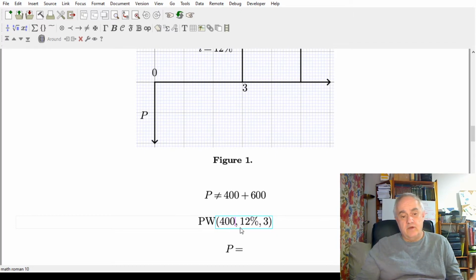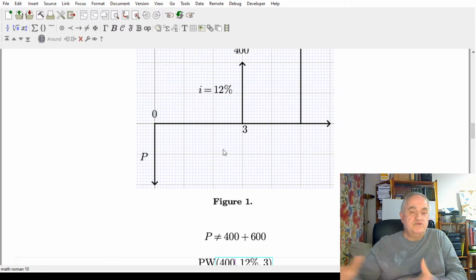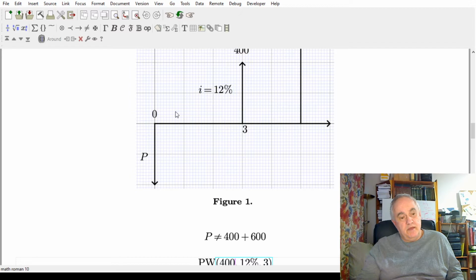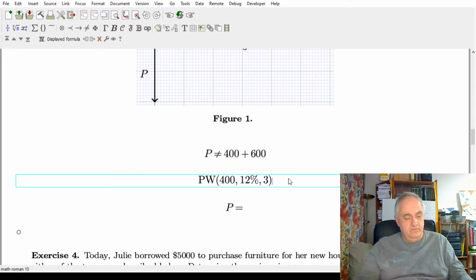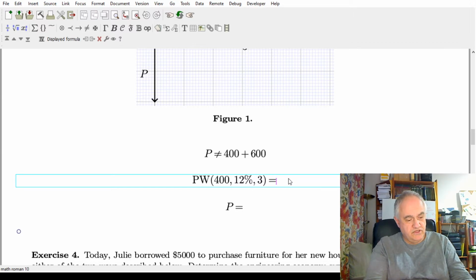We'll need to take into account these three factors. First, the amount of money, then the rate of interest to be paid, and then the number of periods that presumably this equivalent amount could stay producing 12% in the bank. So let's call this Q1.